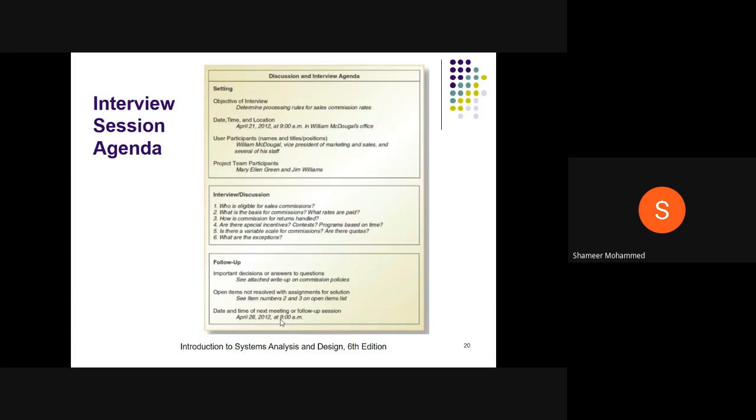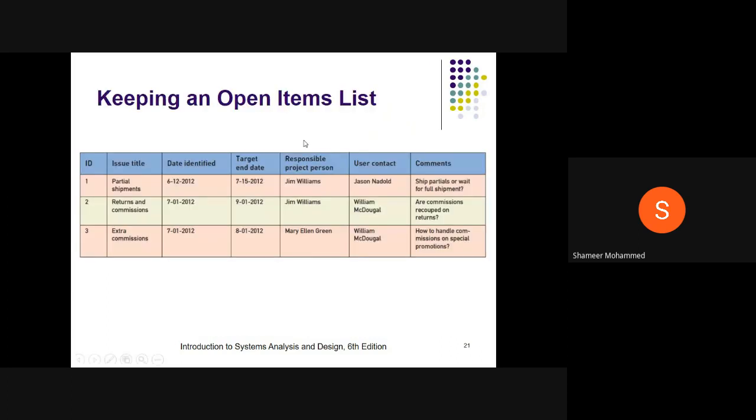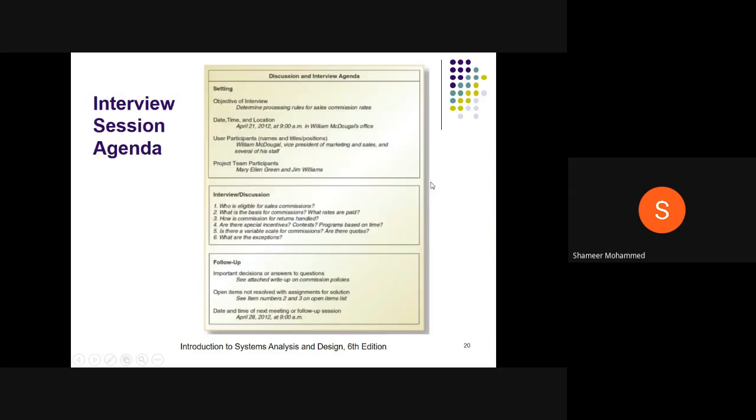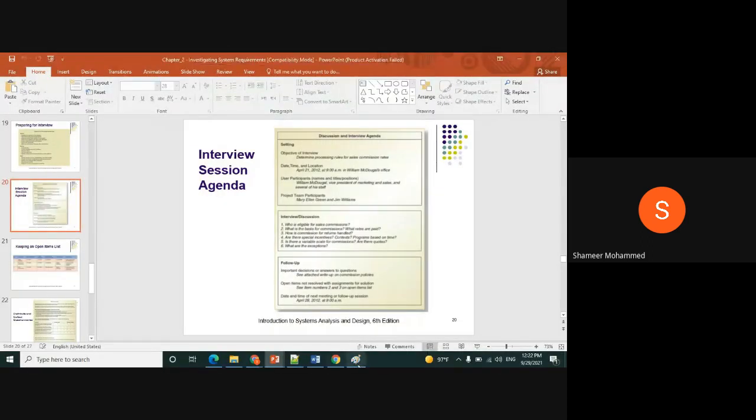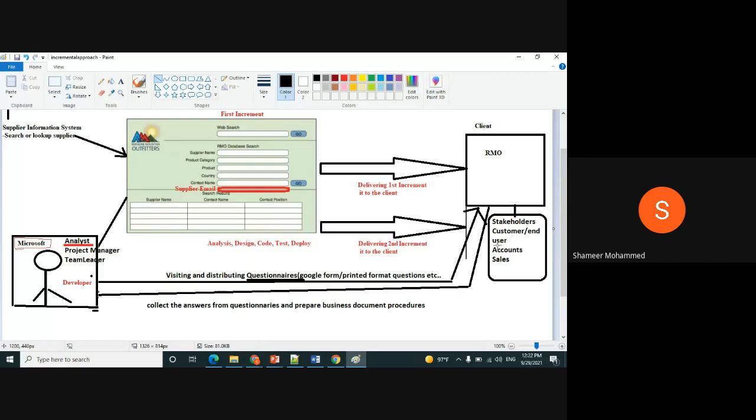Now see, this is the example for open items. These are the points, these are the problems: partial shipments, returns and commissions. These topics were not complete. So in this meeting, on those points we did not get any answer from them. So in future we have to ask them.